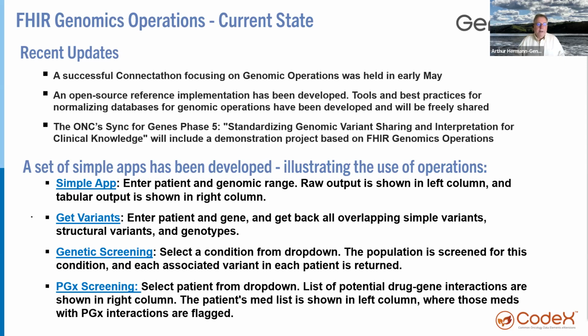Another very interesting and exciting thing is that the ONC Sync for Genes Phase 5, which is called Standardizing Genomic Variant Sharing and Interpretation for Clinical Knowledge, will include a demonstration project based on FHIR genomics operations. And I know there are some folks from the ONC and Sync for Genes on today, so welcome. We're excited to have you, and really pleased that this work that Bob has done, it will be the community now moving forward on use case 2 that will be doing.